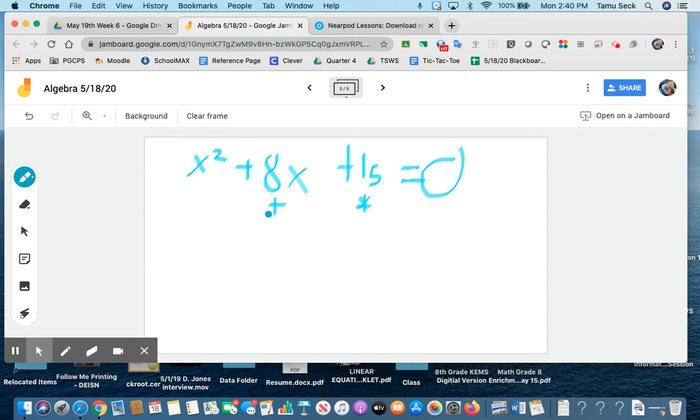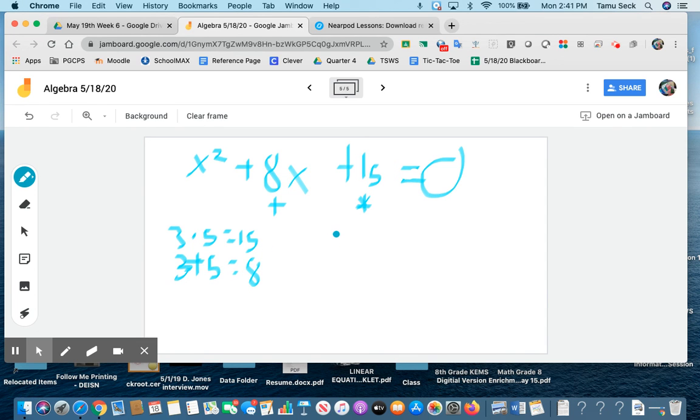What are two numbers that multiply to 15? 3 times 5 multiplies to 15, and 3 plus 5 adds to 8. So the two numbers are 3 and 5.